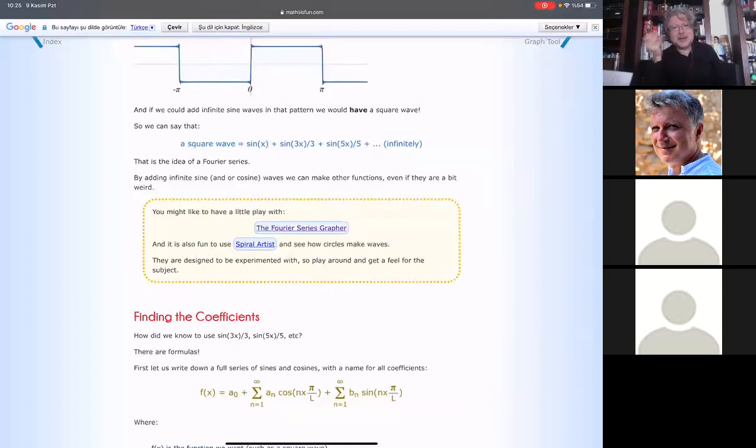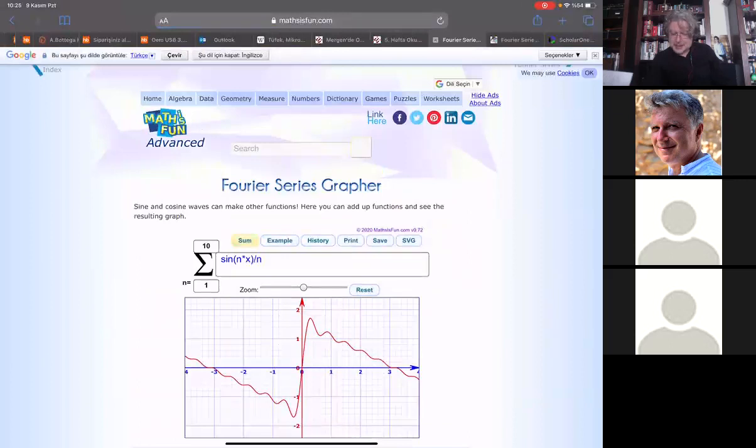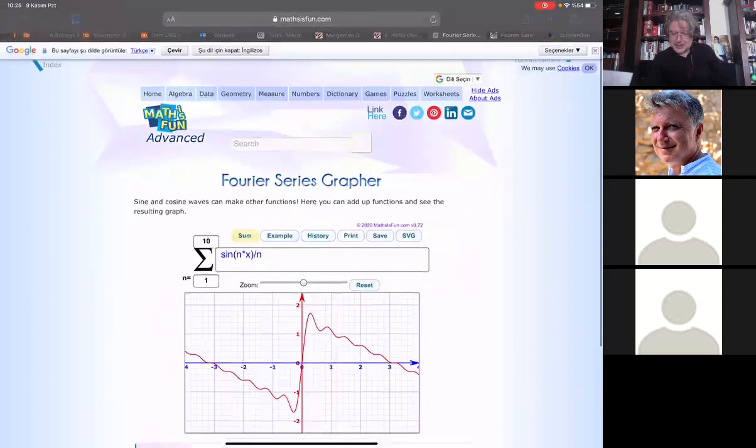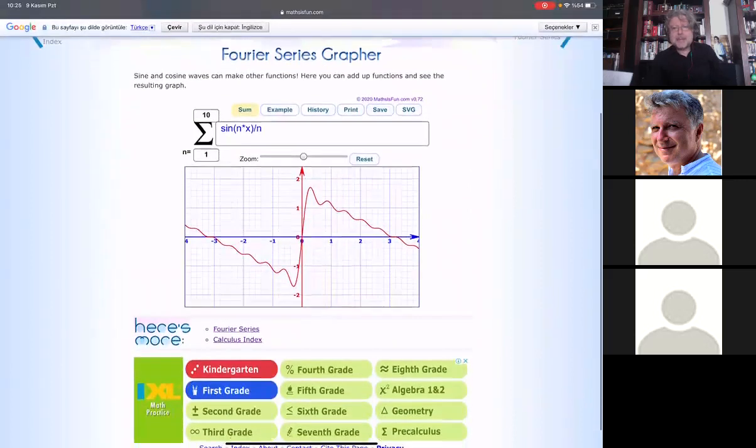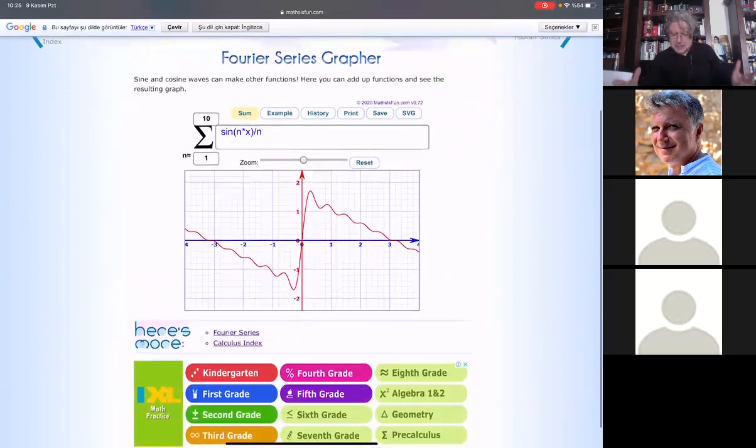So instead of that, we come up with the real Fourier series representation, but not a single coefficient, but two coefficients, one for the cosine, one for the sine. Nevertheless, this Fourier series grapher is a nice tool. So let's click on it and let's make some experiments with this one.